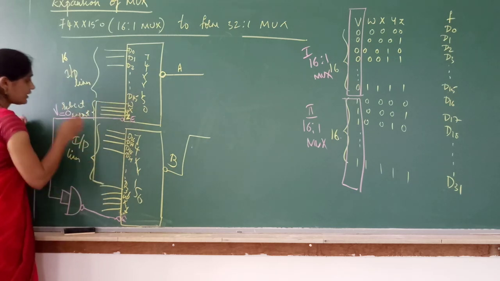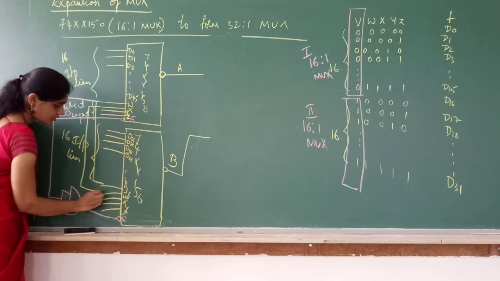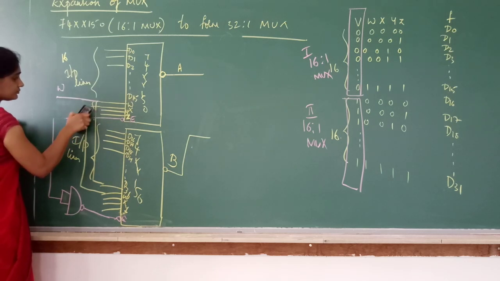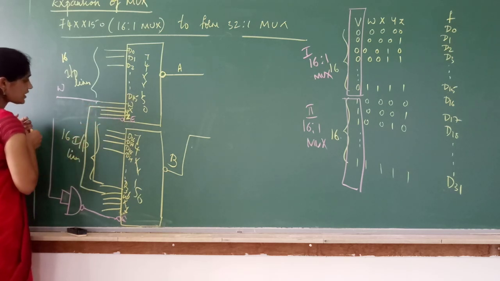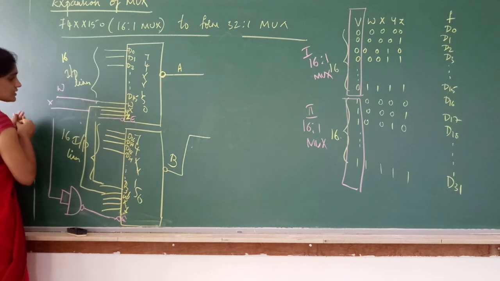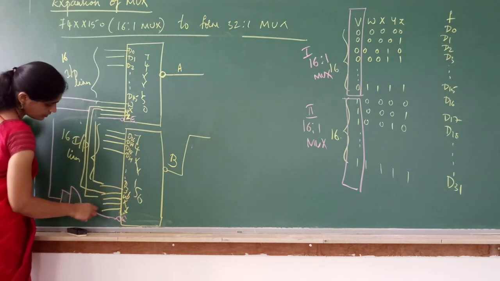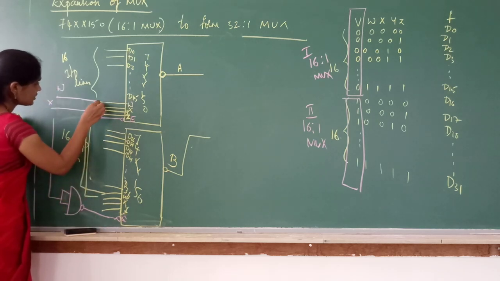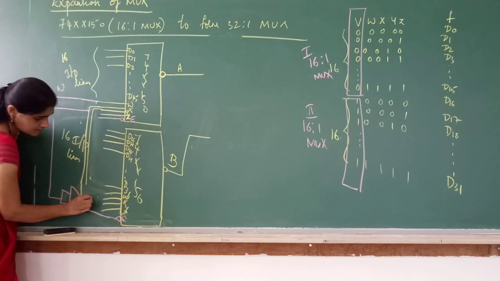W is connected to W and you can call this W. X will be connected to X of the second mux, so you can call this X. So this is W, this is X. W, X, Y, Z.